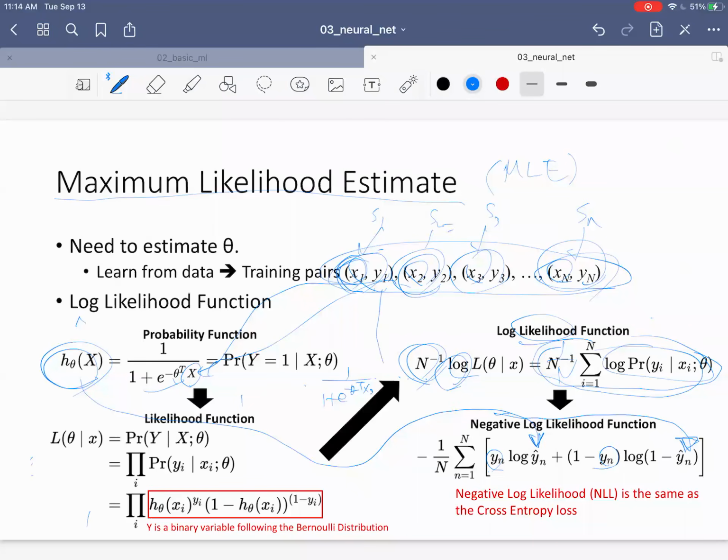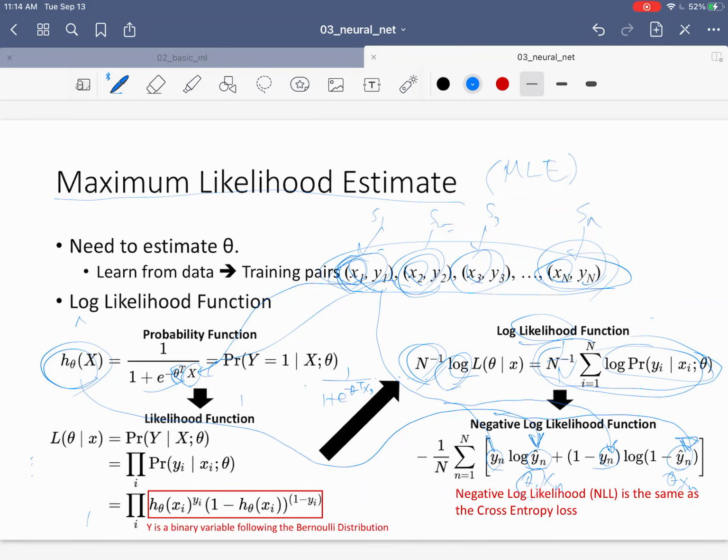So the only thing you can control is the theta here. The theta is embedded inside this y hat. So y hat is actually derived from theta and xn, and xn is also given from the data. So the only thing you can control is theta.